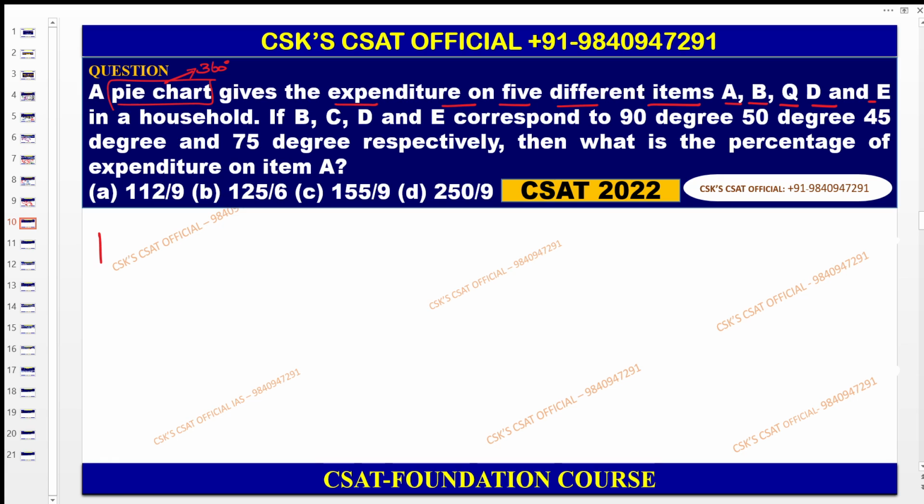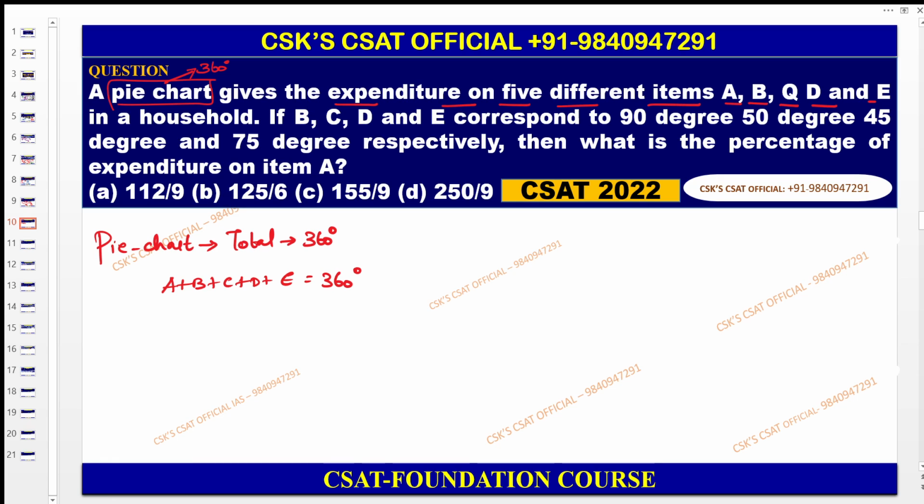Right. So I'm just marking the data first. The pie chart means what is the total angle? Central angle here is 360 degrees. Now here they are saying that A plus B plus C plus D plus E is equal to 360 degrees.